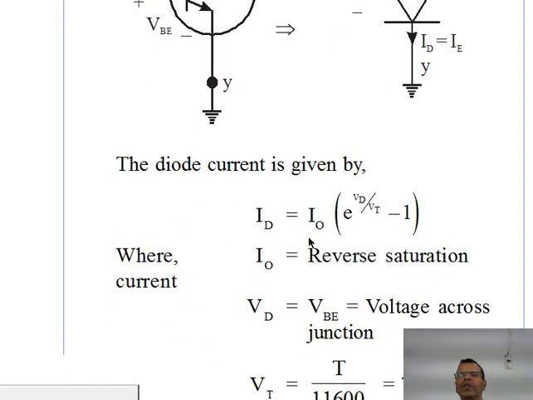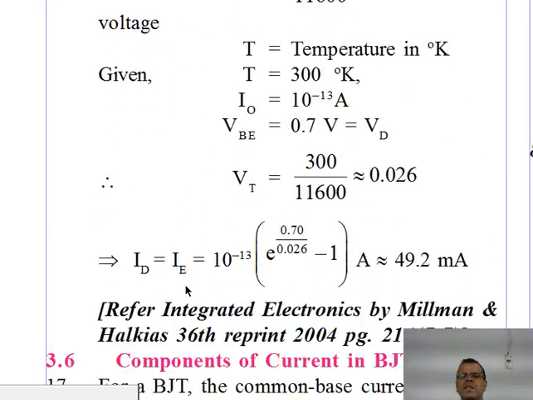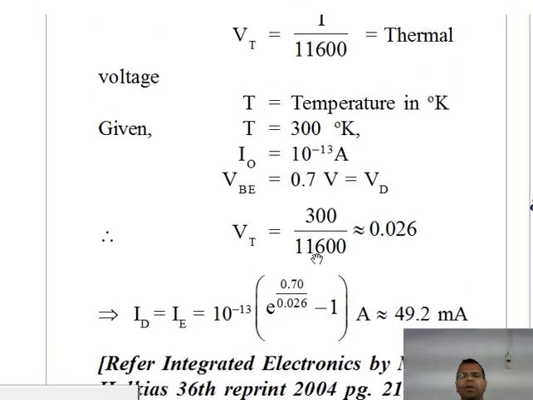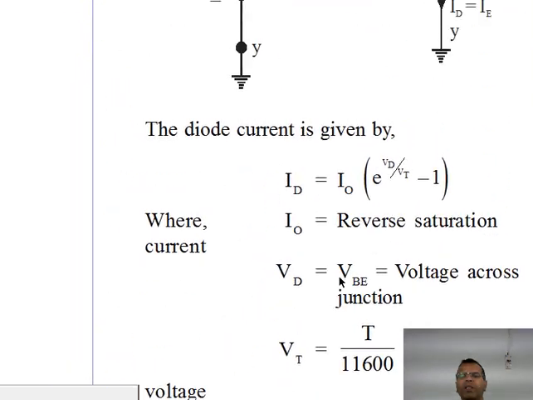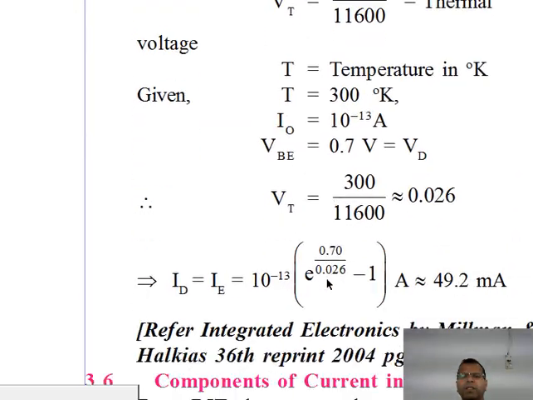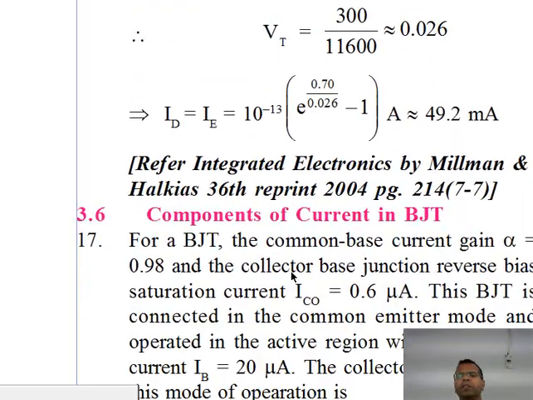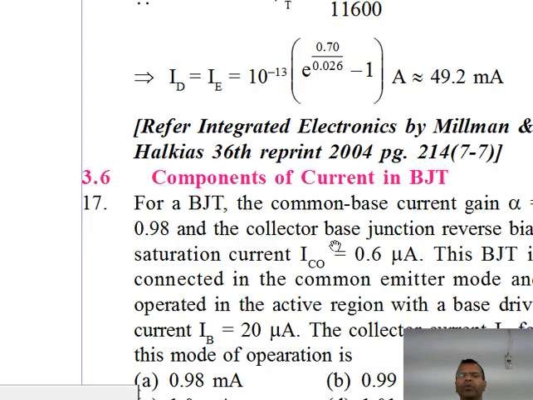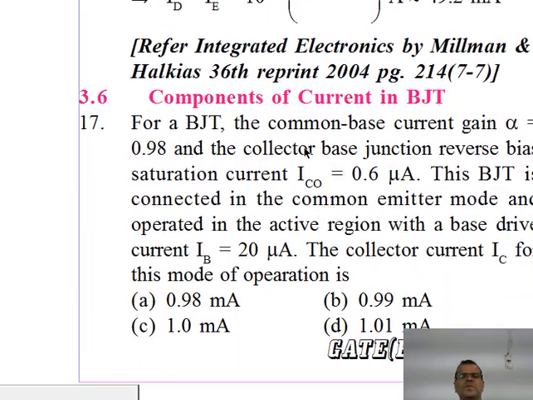Here it is the emitter current, VD will be simply VB, so I will be replacing that by this relationship. VD will be equal to VB here. So VD is VB, and ID will be simply the emitter current. That's it.